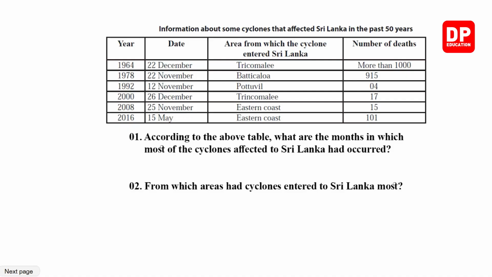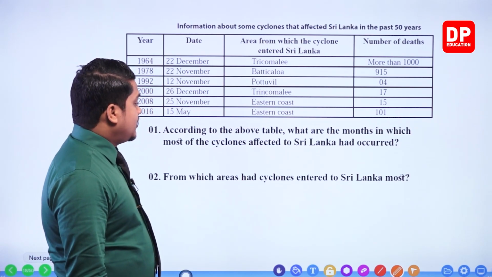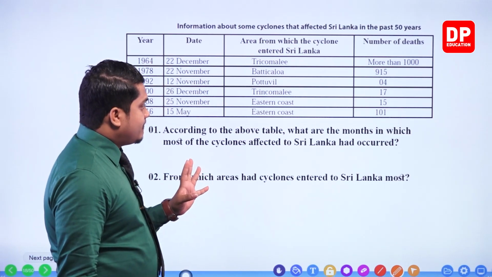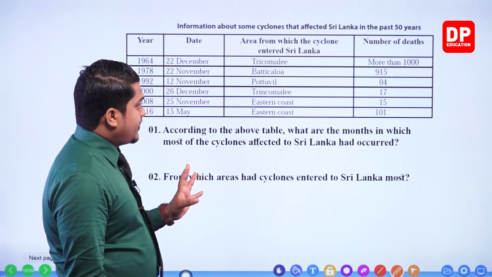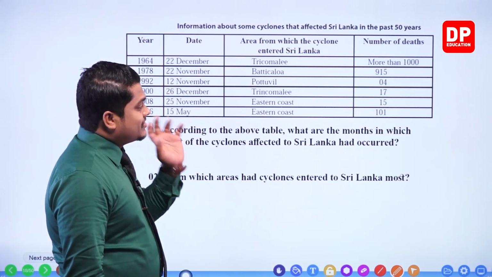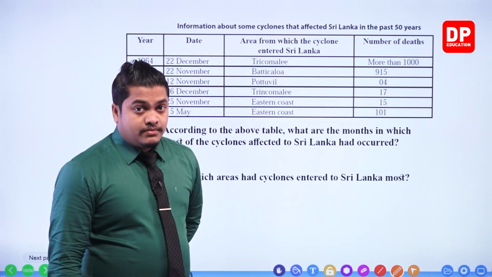Okay. So, according to the above table, in which months did most of the cyclones affecting Sri Lanka occur? So you are being asked a question from the table, right? According to the given table, my dear children, you have been asked in which months Sri Lanka suffers the most from cyclones.